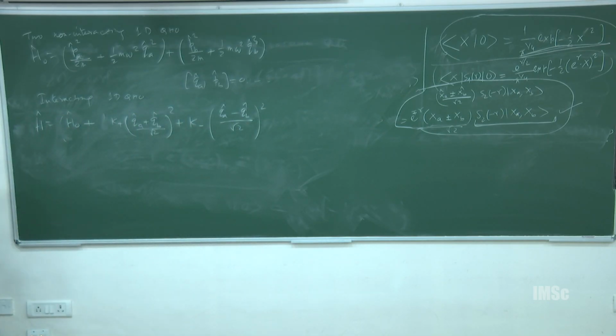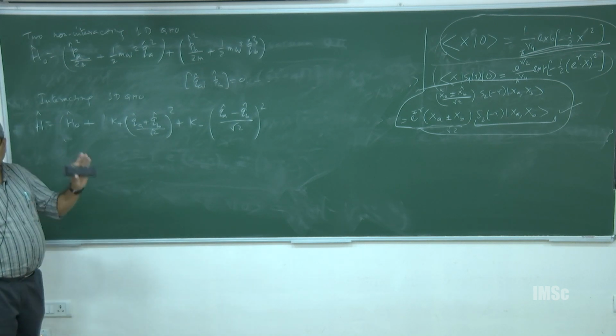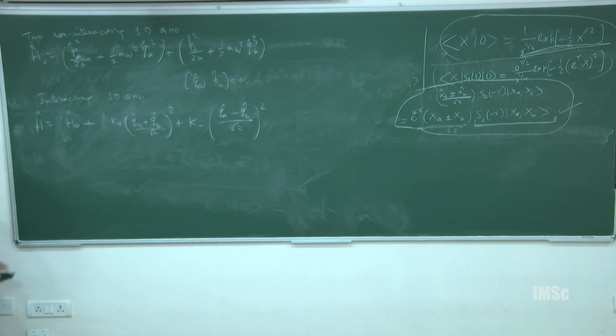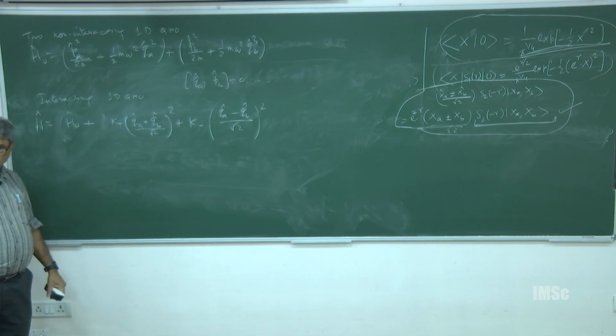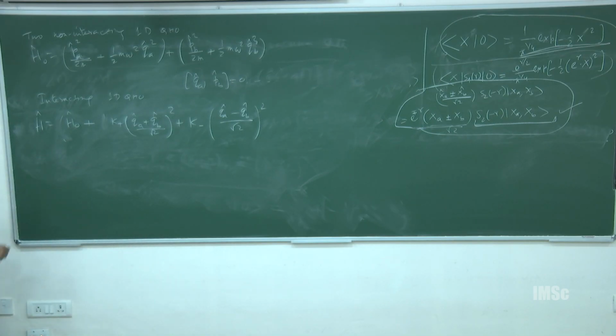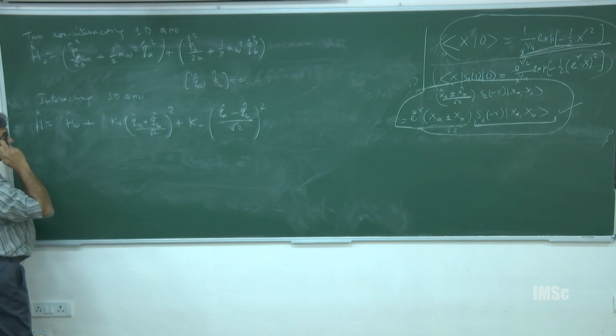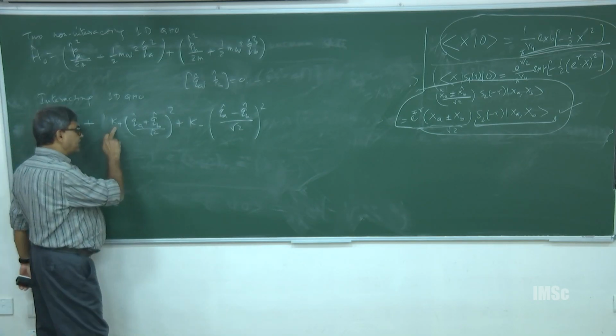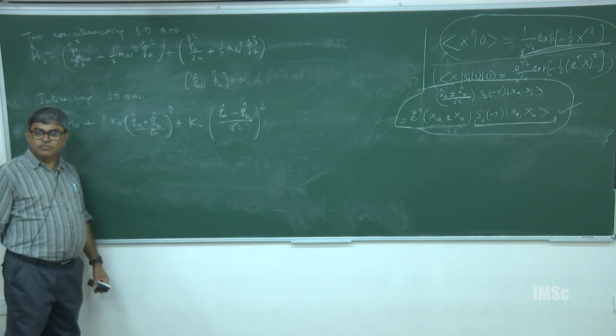This is again quadratic, and you might ask why did you take this form? Just to make life simpler. These are coupled. So k plus and k minus are real numbers. One of them can be positive, one of them can be negative, something like that.